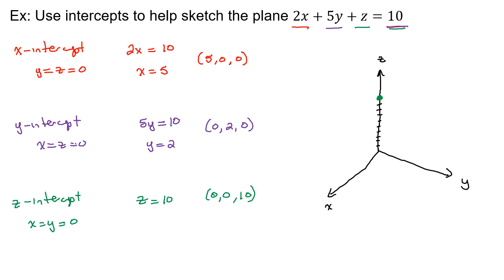On the y-axis, I go up to 2. 1, 2. That looks kind of boring. I'll just put some more tick marks on there just to make it look kind of symmetric. So y equals 2 would be right here. And x was 5. So 1, 2, 3, 4, 5. About right there.